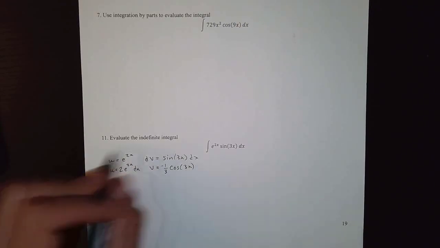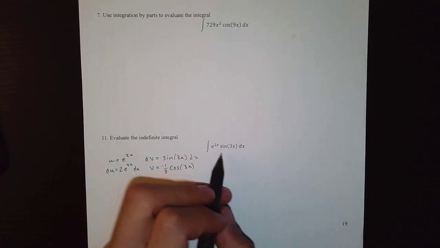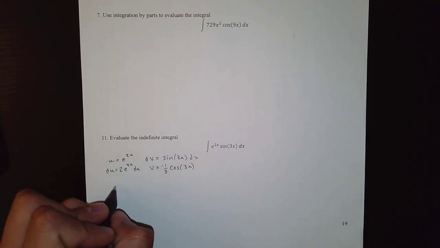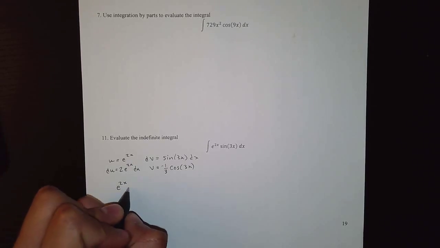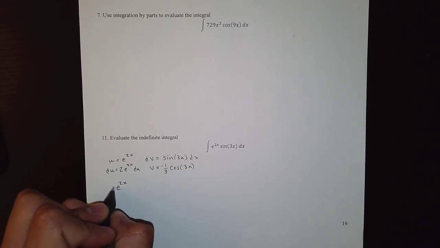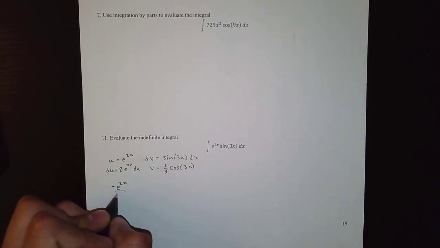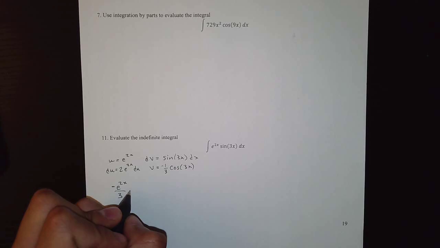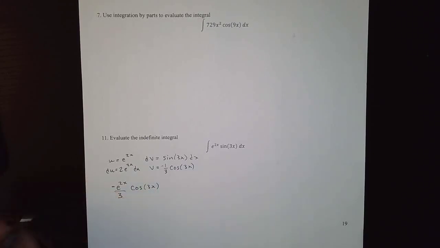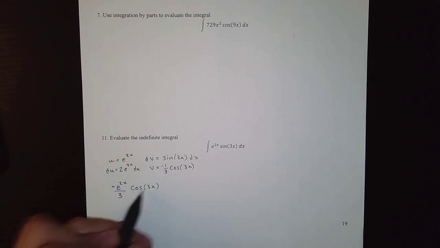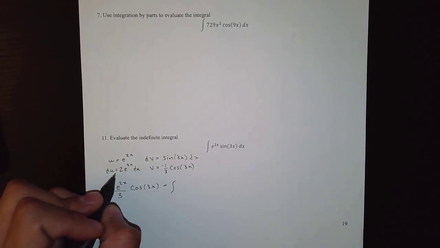And so using this, we can say uv minus the integral of v du is equal to this integral. And so we have e to the 2x, or negative, so I'll bring this negative 1/3 over, and then multiply by cosine of 3x. So this is uv minus the integral of v times du.